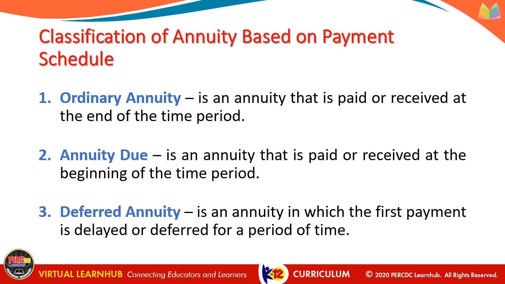Say for example, for the whole first year, there are no deposits made in a bank account. And after 1 year, we will be able to see monthly deposits of 1,000 pesos for 3 years. That is an example of deferred annuity.